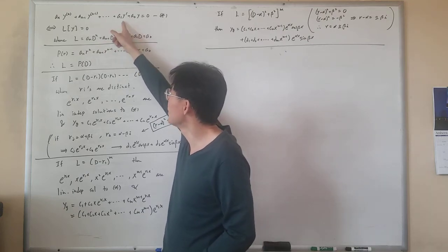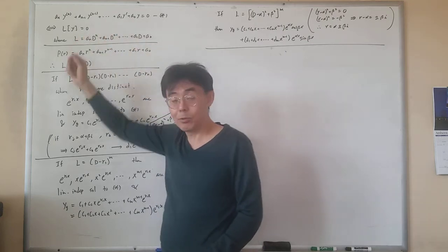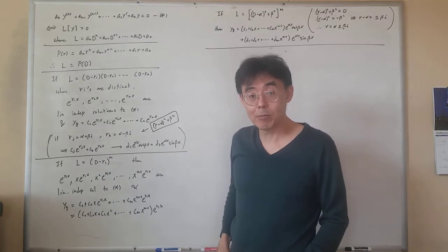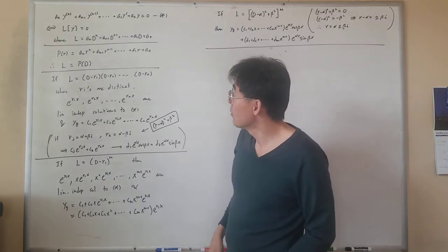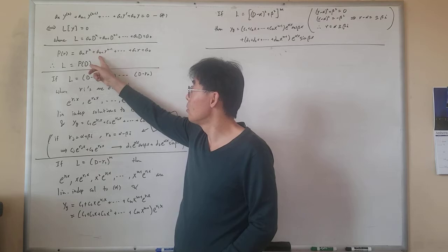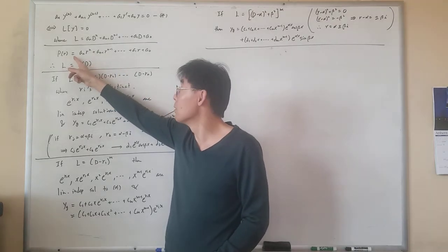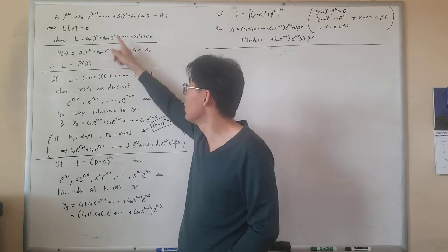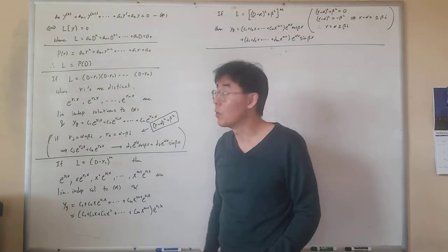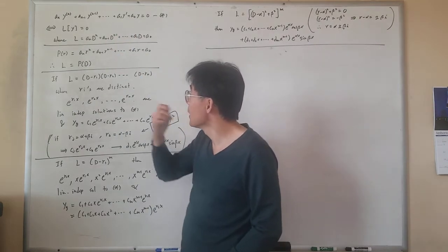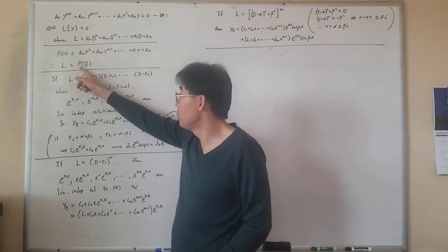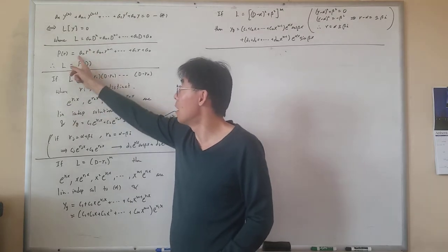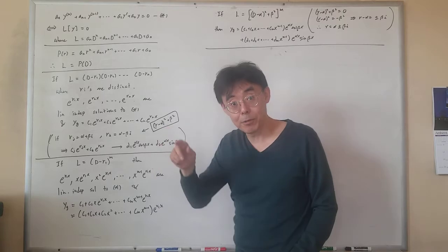Then you can write this differential equation as L of y equals 0 by introducing linear operator L. Now, this is closely related to the characteristic polynomial, using the same coefficients in the differential equation. And then your L is just P of D. Replace r with differential operator D.